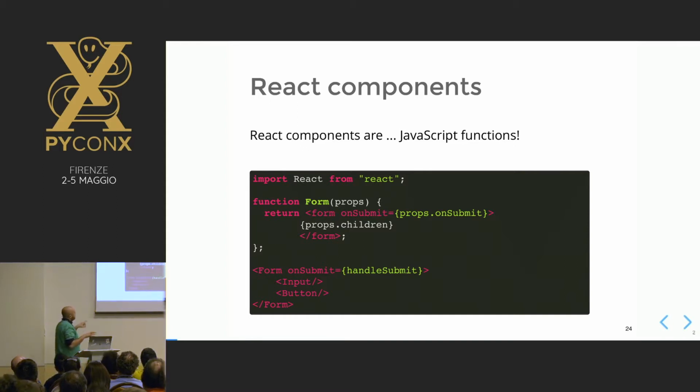Because as you can see, I can pass props.children to my form component, and from the outside here, I can pass in whatever components I need that form to display. Input and button, of course, are other components defined somewhere in the code, but it should be enough to be comprehensible.